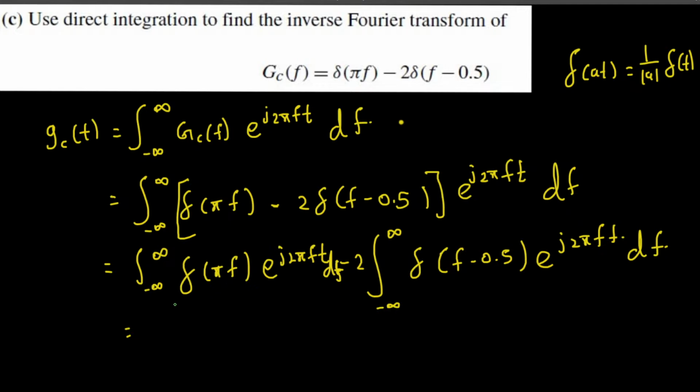So if you have δ(πf), then it becomes 1 over π times the integral of δ(f). An impulse function only happens when its argument is equal to 0. Here we are in the frequency domain, so δ(f) happens at f equal to 0, and at other points it is 0.